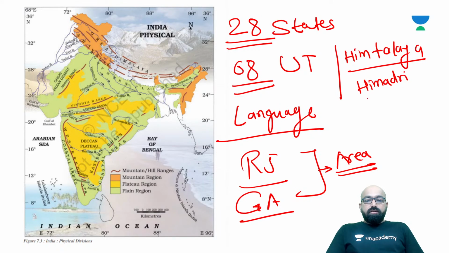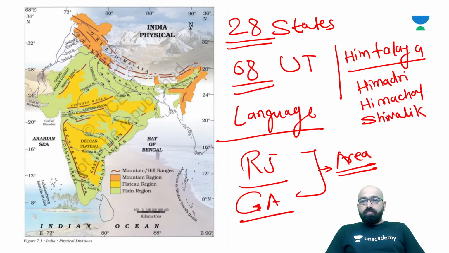then the Middle Himalaya, that is Himachal, and then the Shivalik. The world's highest peaks are located in the Himadri or the Great Himalaya.